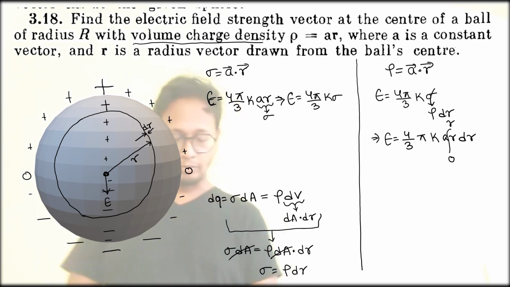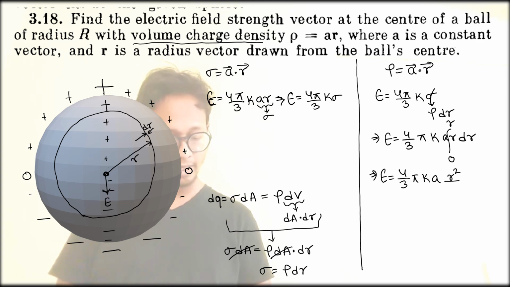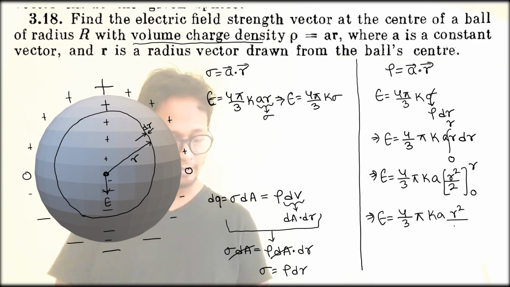Now the question becomes simple. The electric field is equal to 4 by 3 pi k a into r square by 2. The limits of integration are from 0 to r. Out here 2 and 2 will get cancelled.